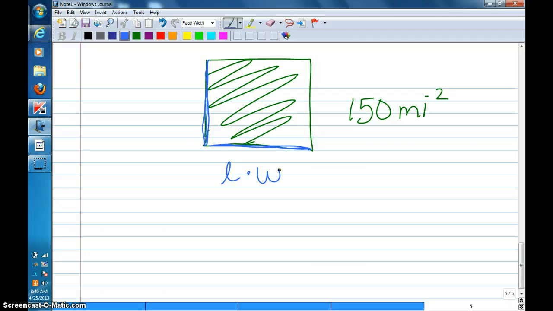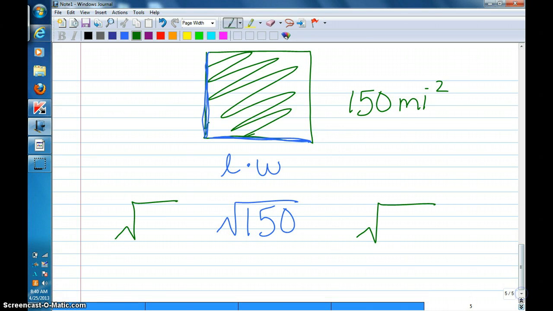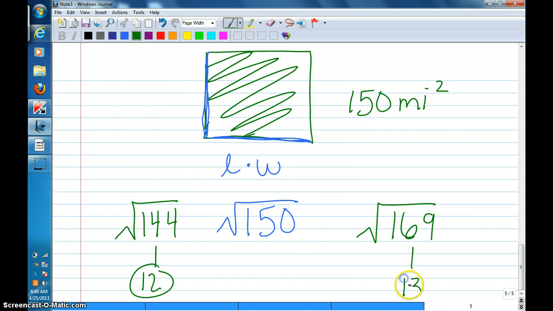So again, we're going to round our answer to the nearest mile. So what I can do is find the square root of 150. My first job is to find the perfect squares on either side. Go ahead and do that to figure that out. I have 144 and 169.